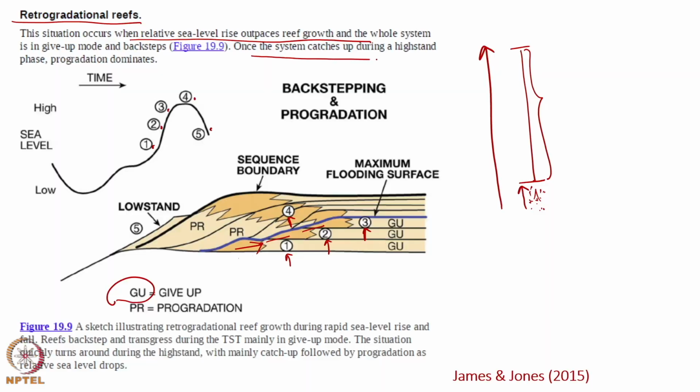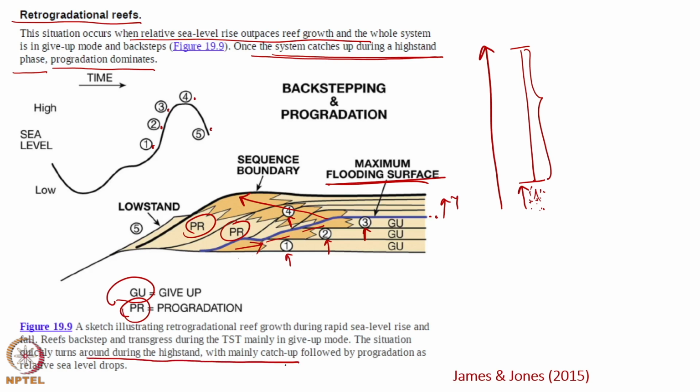But once the system catches up, once the reef catches up during a high stand phase, progradation dominates. Beyond the maximum flooding surface, beyond this point and in the younging direction, the reef stacks up in opposite direction, and this is the time when progradation PR is happening, and that is what is stated here.